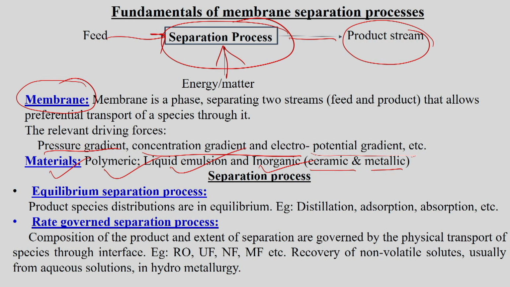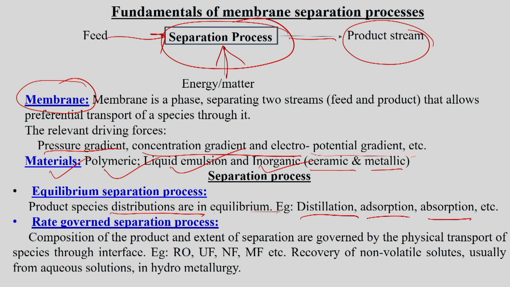Most of the processes are equilibrium separation processes, where product species distribution is in equilibrium, like distillation or absorption, where the separation is controlled by the equilibrium. When the process reaches its equilibrium, the physical separation stops and we need to break the equilibrium so that we get the separation.